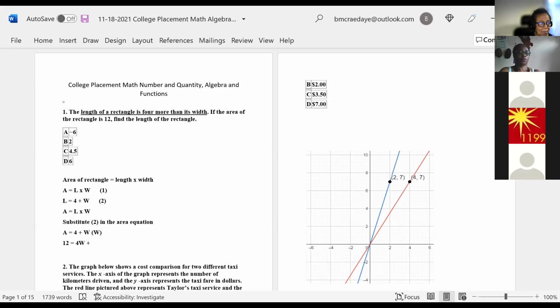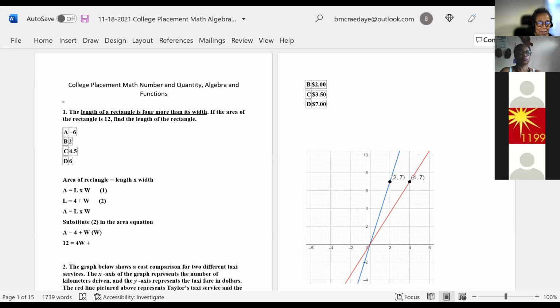W to the 1 power times W to the 1 power. You add the powers, what do you get? 2.